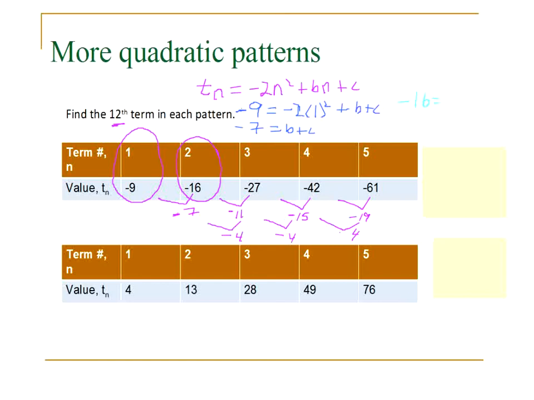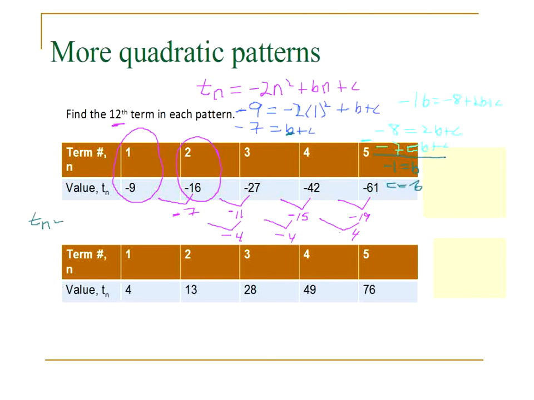So 2 squared would be 4 times negative 2 is negative 8 plus 2b plus c. Add 8 to both sides, I get negative 8 equals 2b plus c. I'll take the negative 7 equals b plus c. I'll subtract these equations. And when I do this, I'll get negative 1 equals b. And I can plug that back into right here, for instance, and I'd get c equals negative 6.